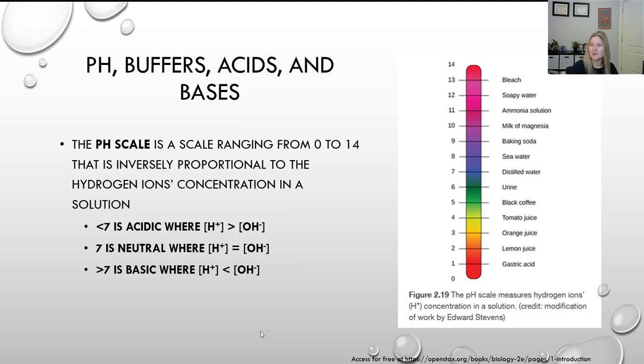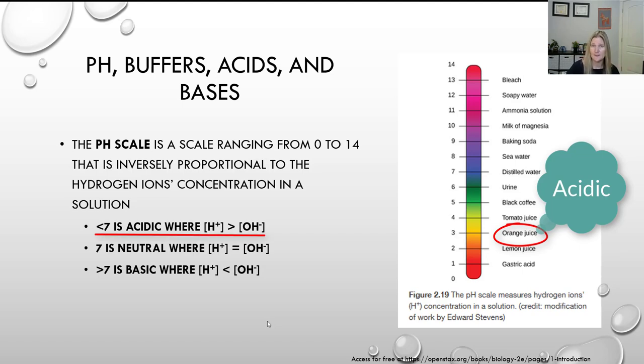So just looking at this chart, you can see some of the everyday items that you might have in your household and see where they land on the pH scale. So for example, if you drink some orange juice for breakfast, orange juice is going to be acidic, meaning that there's a higher concentration of hydrogen ions in orange juice compared to hydroxyl ions.